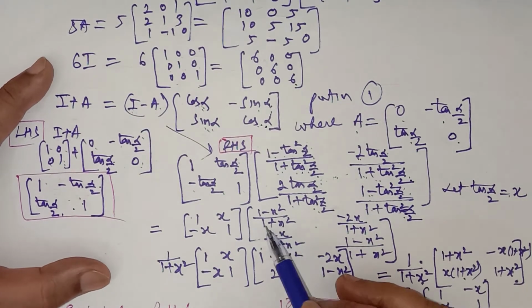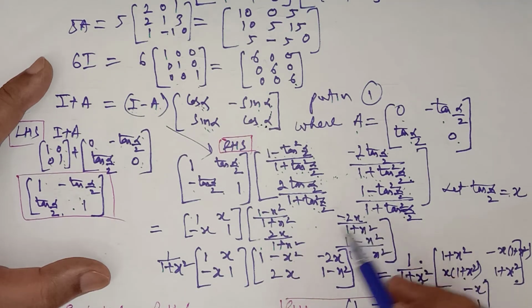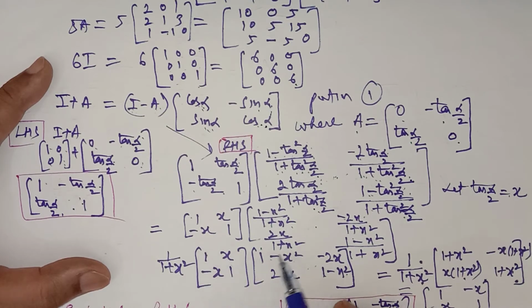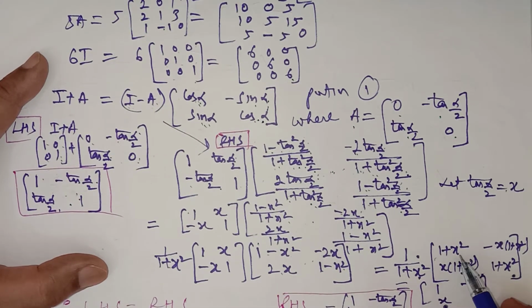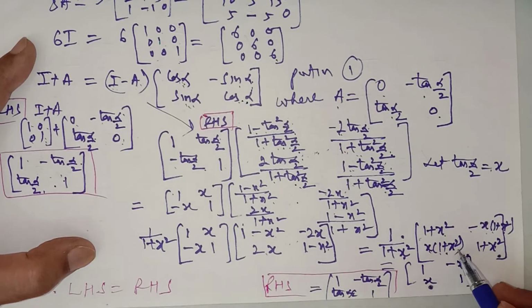You can take 1 upon 1 plus x square common from the second matrix. So it comes out to be 1 minus x square, minus 2x, 2x and 1 minus x square. Now multiply these two: first row first column, first row second column, second row first column, second row second column. You are getting this, that is 1 plus x square, minus x into 1 plus x square. See it very carefully. Take 1 plus x square common.